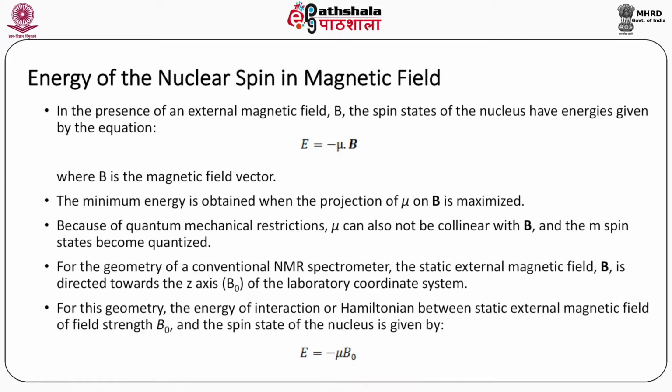For the geometry of a conventional NMR spectrometer, the static magnetic field B is directed towards the z-axis and is shown as B0 of the laboratory coordinate system. For this geometry, the energy of interaction or Hamiltonian between the static external magnetic field of field strength B0 and the spin state of the nucleus is given by E is equal to minus mu B0.